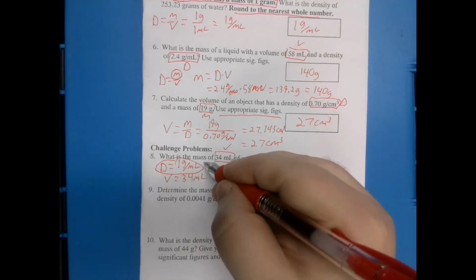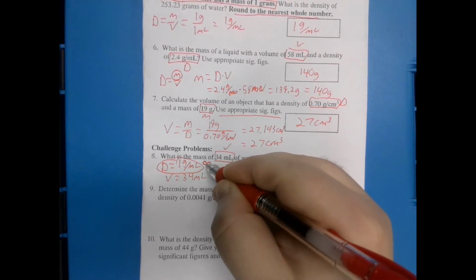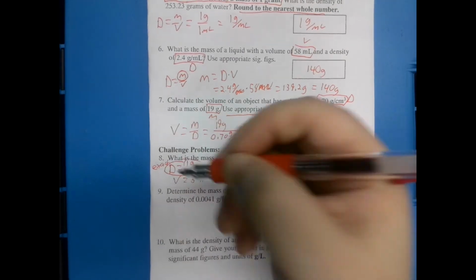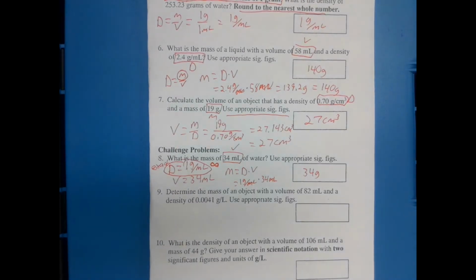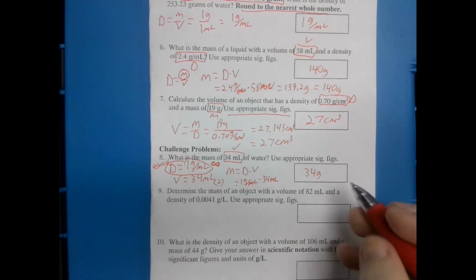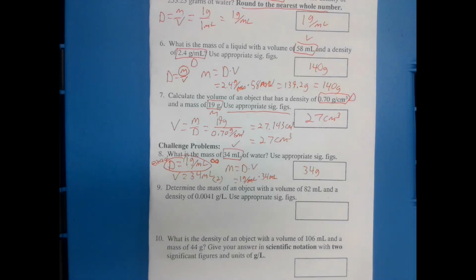This technically has an infinite amount of significant figures, because this is exact density. And this has 2 significant figures, so it should be rounded. So if I give you something that's exact versus measured: measured things have significant figures, exact quantities don't.